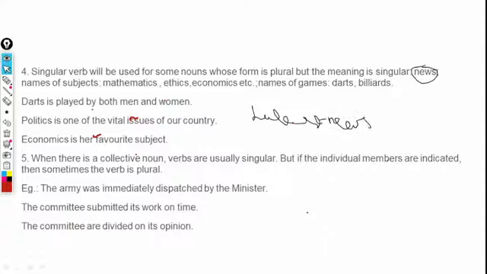So these are the words which are ethics, economics, mathematics, etc. Politics is also a word. There are types of games like darts, billiards. You are seeing that there is an S, so it must be plural, but no, this is singular in meaning. It is only the word that has a plural form.